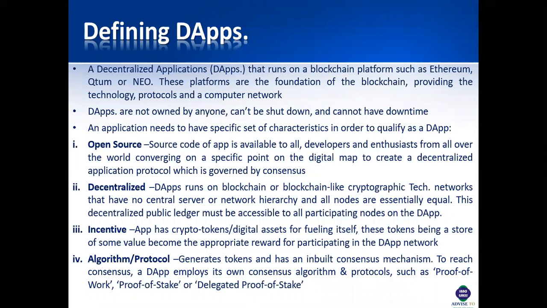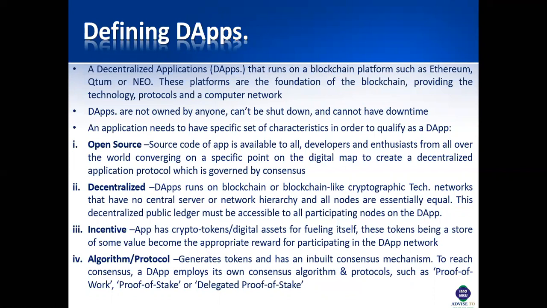So DApps are not owned by anyone, can't be shut down, and can't have downtime, because distributed apps are going to be really infinite across the globe. Every DApp represents one node, and each and every transaction is mapped in the concerned network.